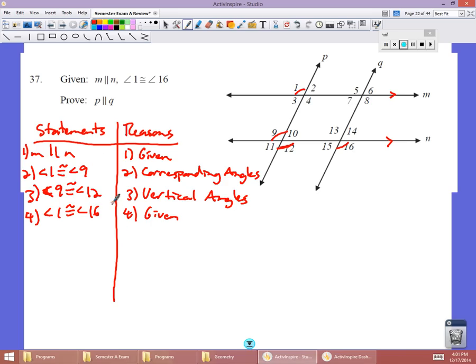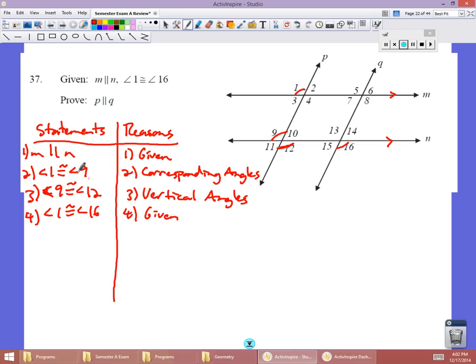Okay, and so what we're trying to get at is that if 1 is congruent to 9 and 9 is congruent to 12, and 1 is congruent to 16, then what can we say? Well, 1's congruent to 16, and 1's congruent to 9, and 9's congruent to 12. So hopefully what we're trying to get at is that the two angles are going to be equal to each other. So first of all, let's start with angle 1 and angle 12.